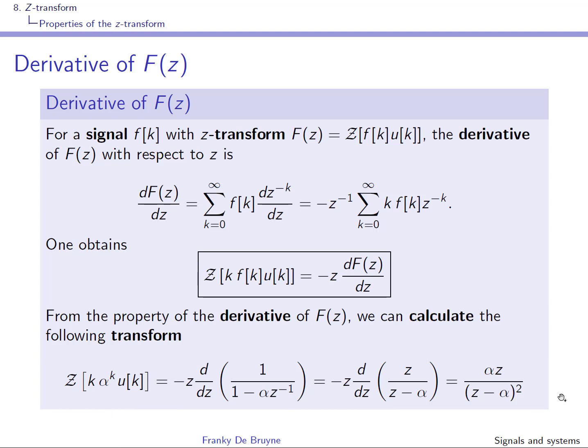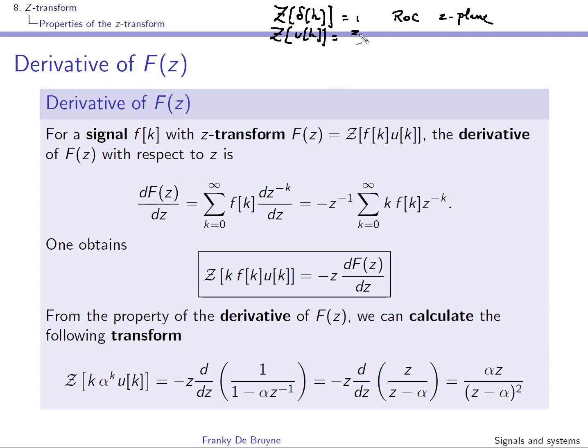So what you have right now is all the z transforms that you can obtain in an exercise. The z transform of the unit impulse delta k is 1, and the region of convergence is the whole z-plane. We have the z transform of the unit step.